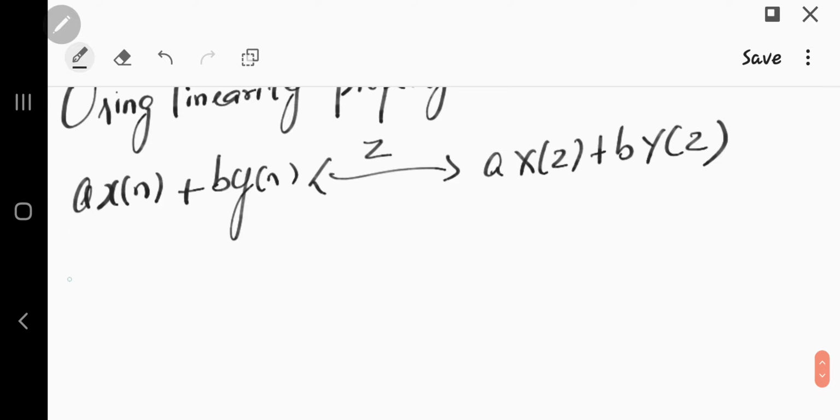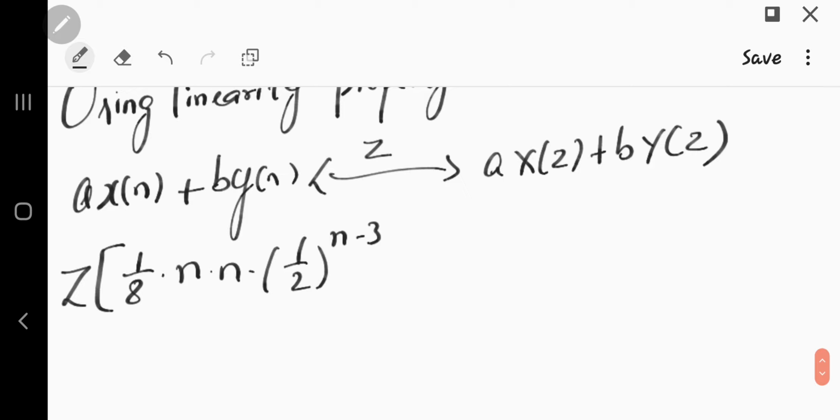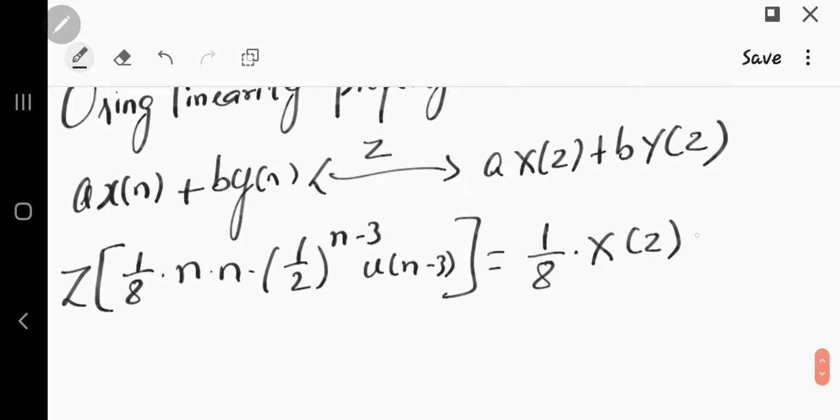The same way, z transform of 1 by 8 into n to 1 by 2 n minus 3 u of n minus 3 should give 1 by 8 into X of z plus 0.